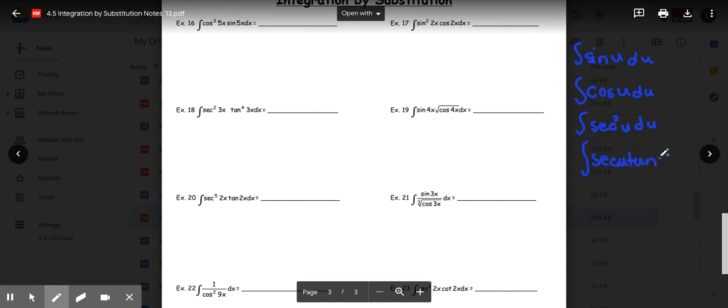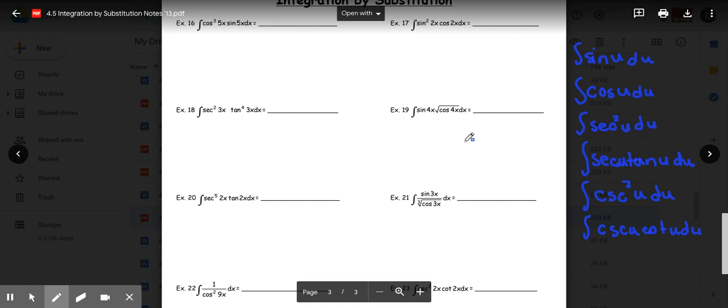Like I said, my handwriting isn't the best with this, but better than nothing. So secant u tangent u. The integral of cosecant squared, and the integral of cosecant u cotangent u du.